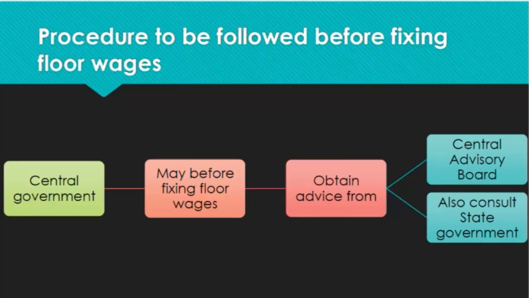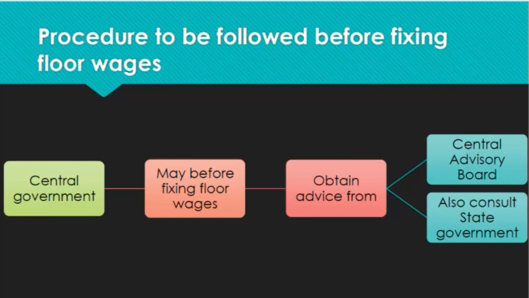Procedure to be followed before fixing the floor wages. Before fixing floor wages, the central government doesn't have the expertise, so they will always depend on a committee. So the central government also, before fixing the floor wages, has to obtain advice from the central advisory committee. In the case of the state, it was the state advisory committee.